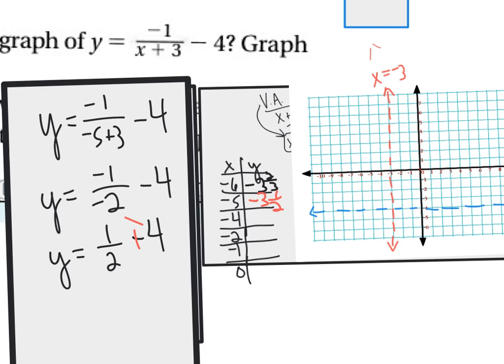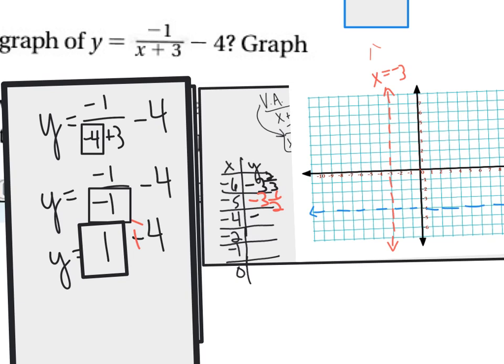So now same thing, we put in a -4. So that would give us a -1 in the denominator. And then -1 divided by -1 would be a +1. So that would be -3.